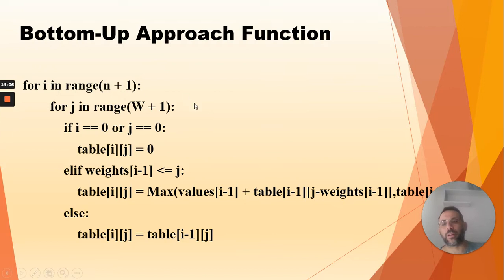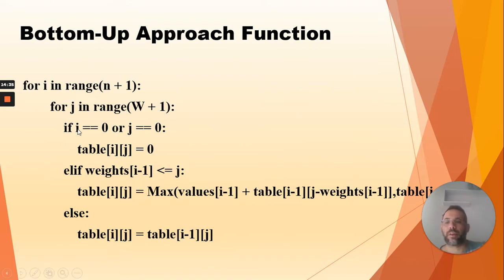But before we execute this function, we have to create the two-dimensional array to save the result of the sub-problems in the cells of the array to avoid the repeated computation for the same sub-problems.